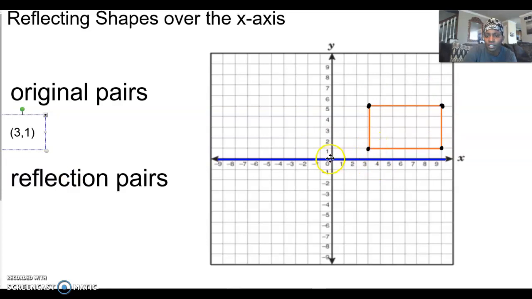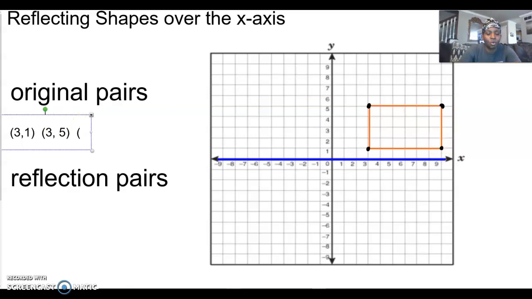The second one is also at 1, 2, 3 for my x and 5 for my y. 3 for my x and 5 for my y. And we know that all of these are positives. Why? Because they're located in quadrant 1. So now let's go right over here and figure this one out. I start at my origin, I go over 1, 2, 3, 4, 5, 6, 7, 8, 9 for my x, and I'm going up 1, 2, 3, 4, 5 for my y.